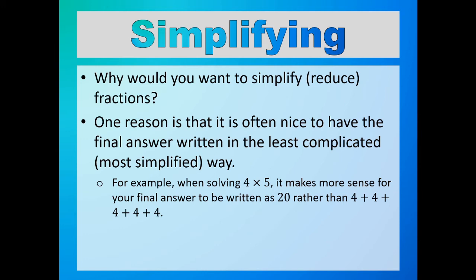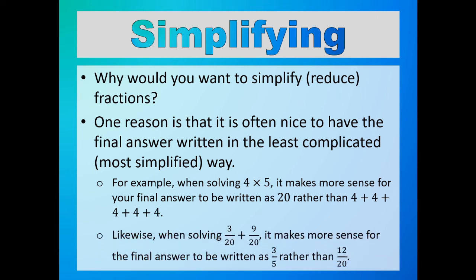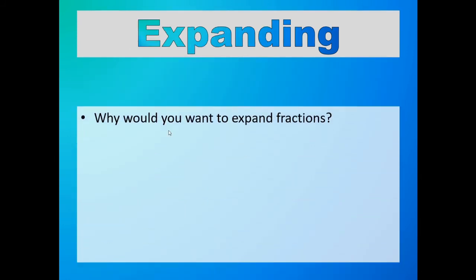Both of these are correct, but 20 is more simplified. Likewise, when solving 3/20 plus 9/20, it makes more sense for the final answer to be written as 3/5 rather than 12/20. Both of these are correct, but 3/5 is more simplified.